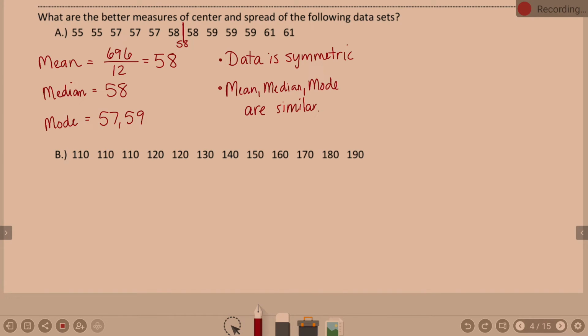Or in the case of the mean and median, they are exact, right? Okay. The key is that data is symmetric. What's that tell me? It's the mean and the standard deviation. It's the mean and the standard deviation.